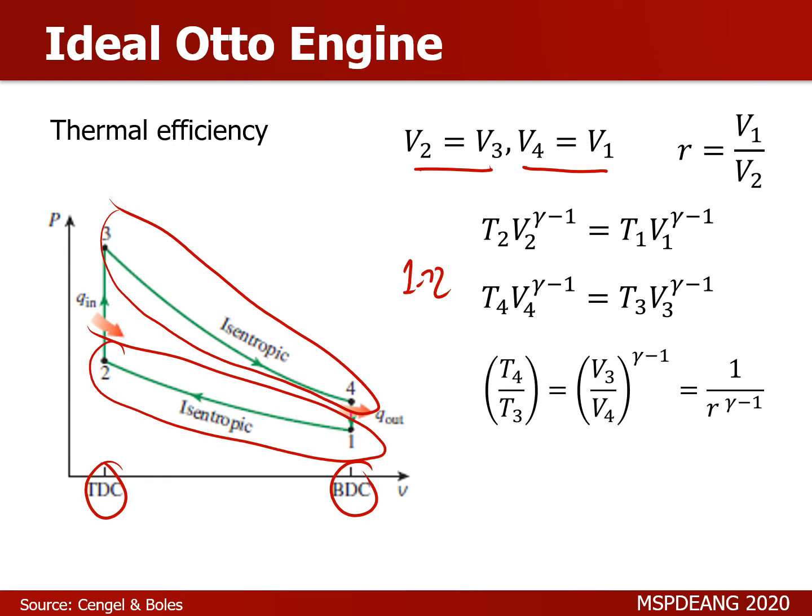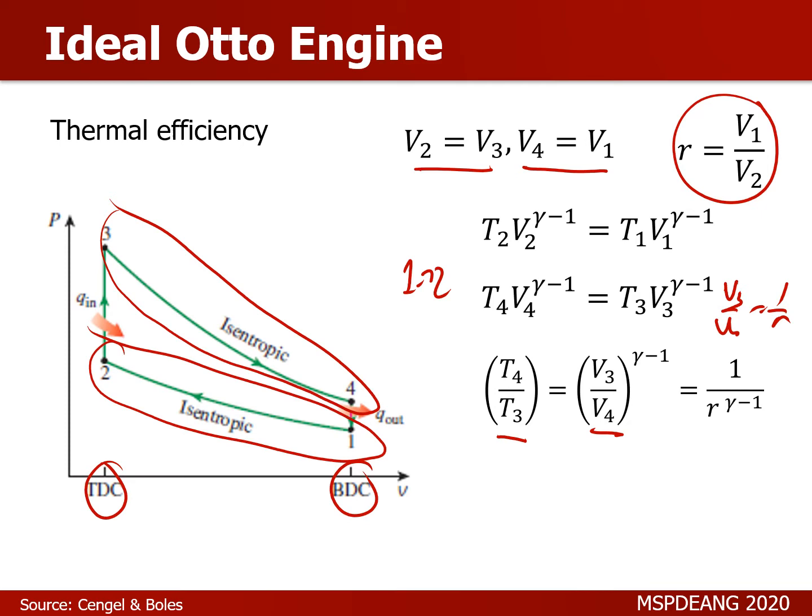T4 over T3 is equal to V3 over V4 raised to gamma minus 1, but V3 over V4 is equal to V2 over V1, since these two are related. V3 over V4 is simply equal to 1 over r. Therefore, this relationship is now equal to 1 over r raised to gamma minus 1.